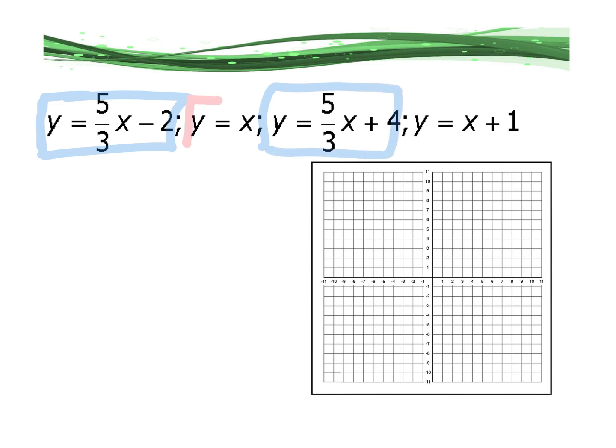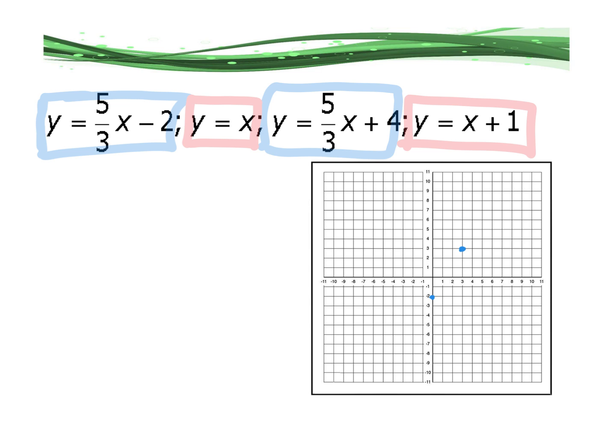And I can tell this line right here is parallel to this one because they have the same slope of 1. Now, if I were to graph it, I'm going to graph the first one. So it's going to have a y-intercept of -2. Then we're going to go up 5 and then run 3. So we have this line right here.